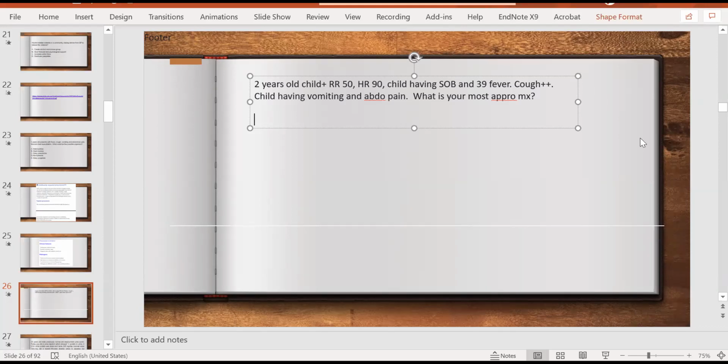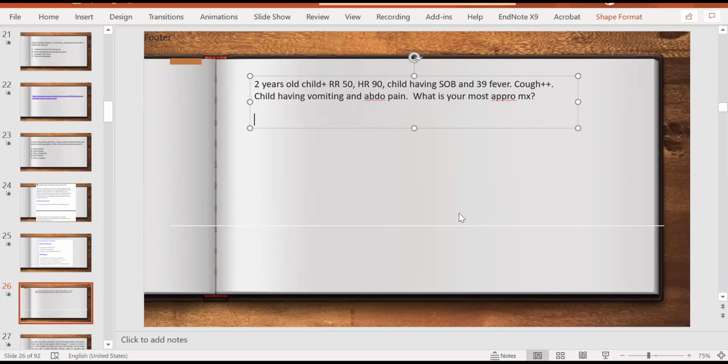This patient has shortness of breath. Now, for a 2-year-old, what's the normal respiratory rate? Yeah, so 25 to 30, you can say.